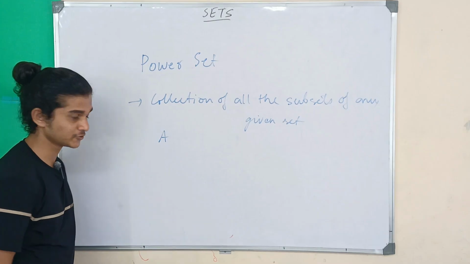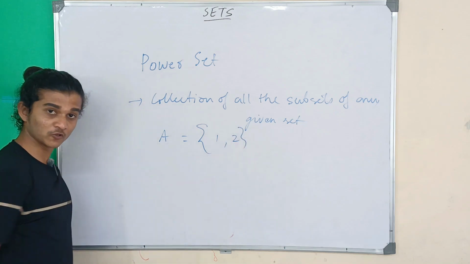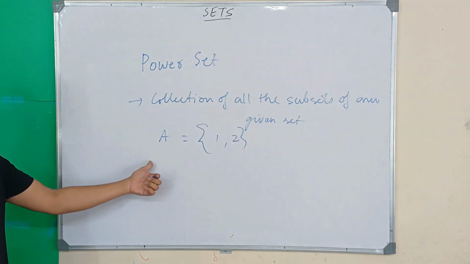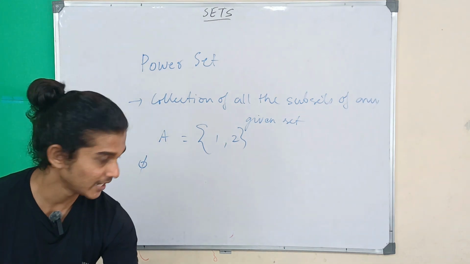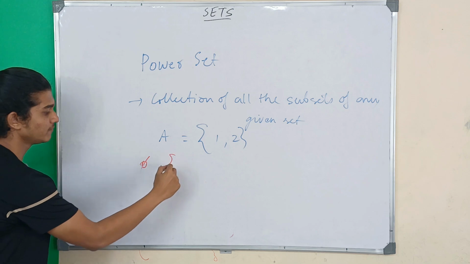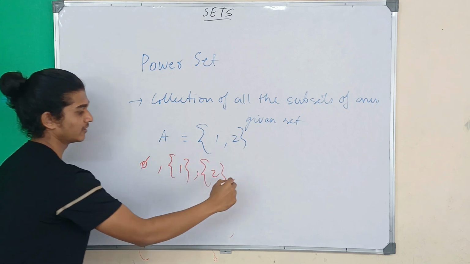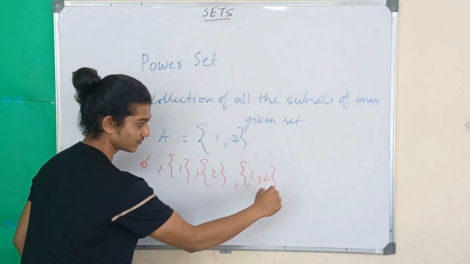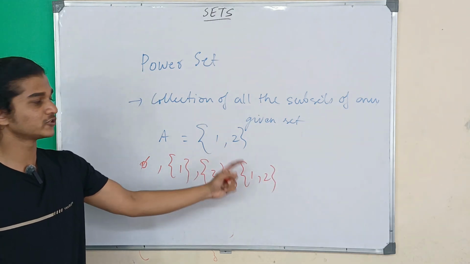So let's try to understand this using an example. Imagine you have A equal to {1, 2}. So what are all the possible subsets of A? One is obviously the null set, which is a subset of every set. Then we have {1}, which is also a subset of A. {2} is a subset of A. And then {1, 2} is also a subset of A, as I told you, every set is a subset of itself.